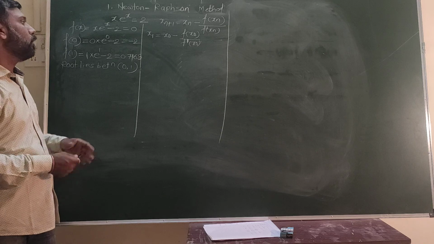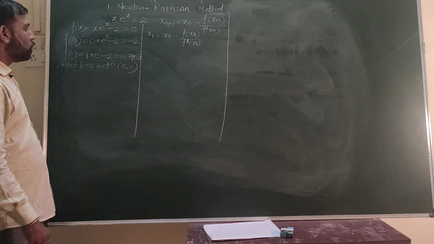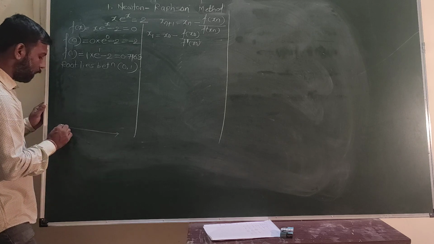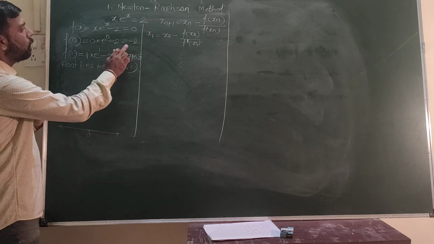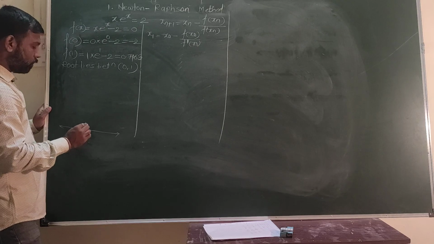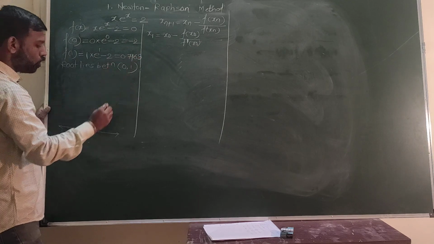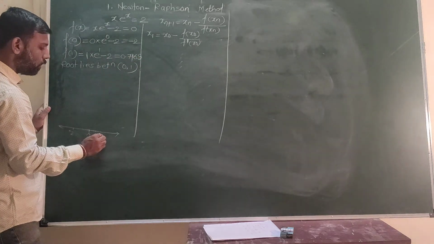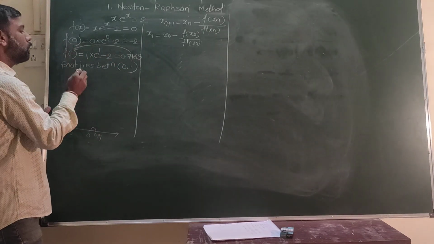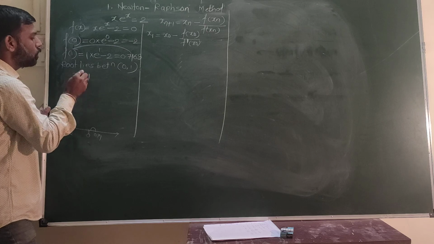For this we require x0. So x0 we will assume by comparing on the real line. Minus 2, compared with 0.71, is nearer to 0. So corresponding to this one, this becomes our x0 value.